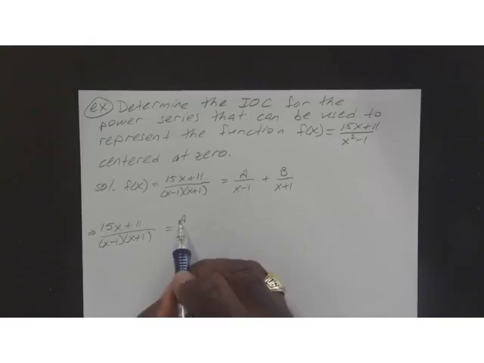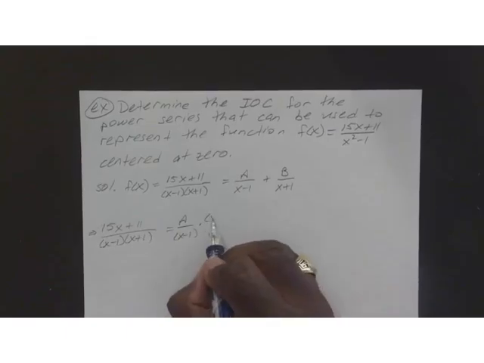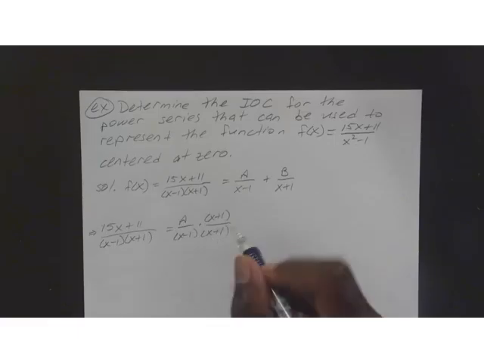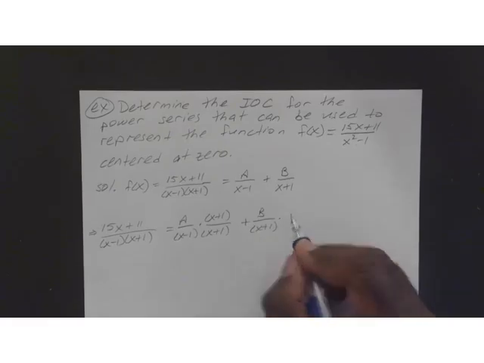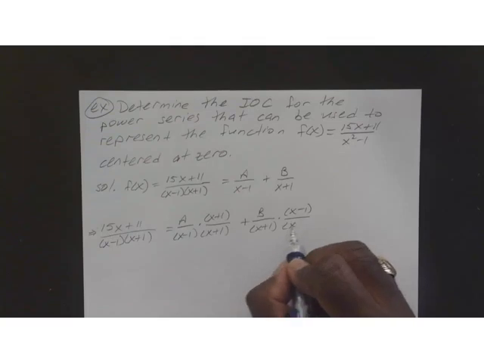We can write that as a over x minus 1 times x plus 1 over x plus 1, plus b divided by x plus 1 times x minus 1 over x minus 1.